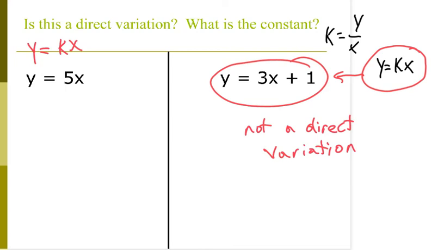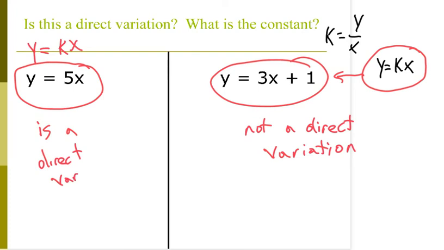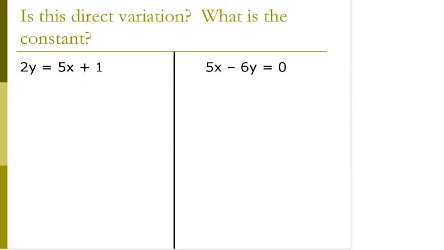Solve for y and determine if either of these are a direct variation. Alright, let's start with the one on the right. If we were to add 6y to both sides of our equation, these two would eliminate, and that would leave us with 5x equals 6y.